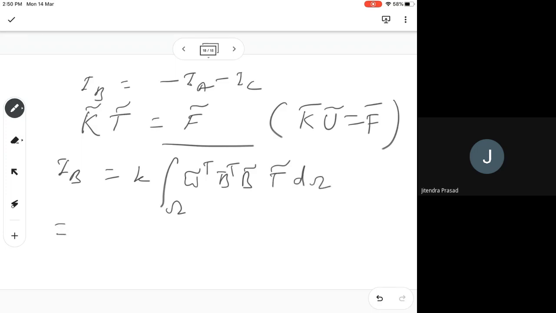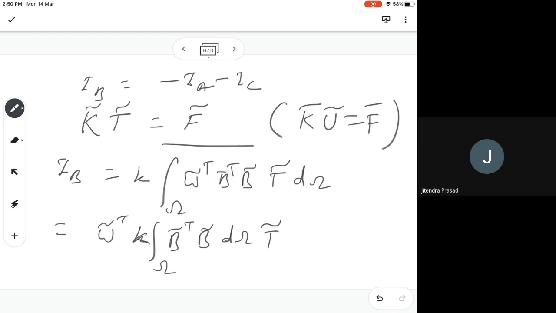Which is equal to K W transpose, then K omega, and then B transpose B d omega, and then you have T, right?